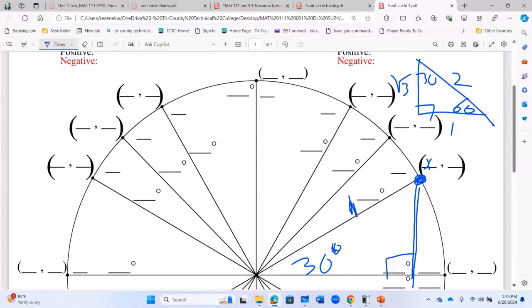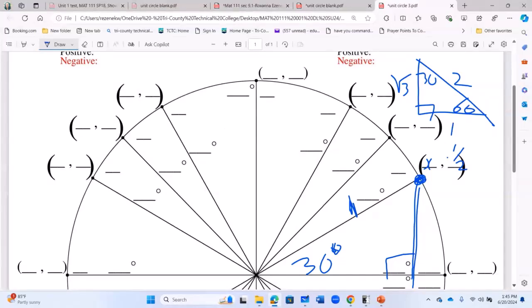So let me first of all find the values. Sine of 30 is opposite over hypotenuse, which is 1/2. Put 1/2 here.